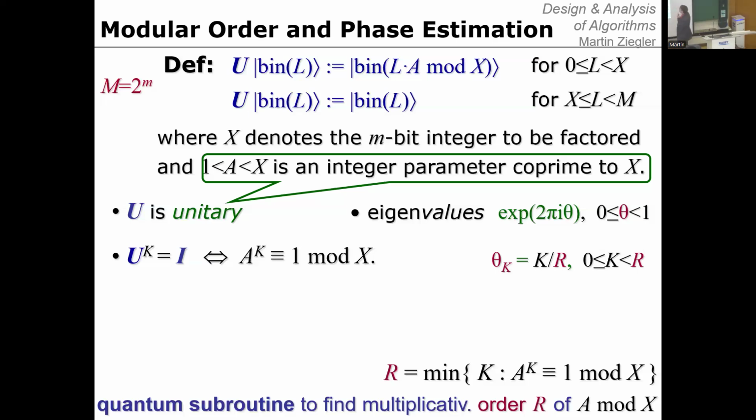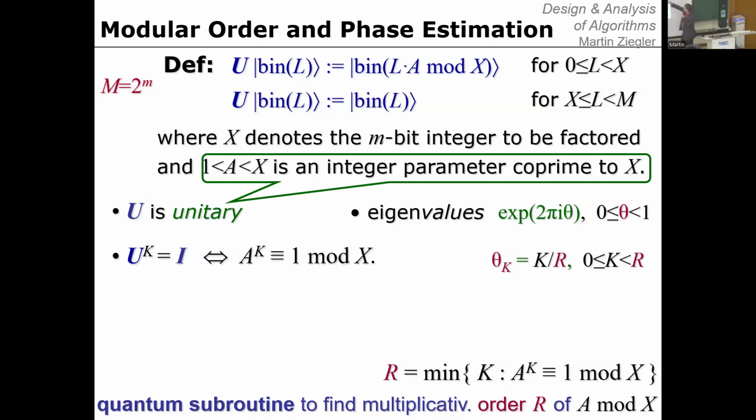And from the previous line, we know that this means that theta must be an integer multiple of 1 over r, the order. And you see how this starts connecting dots. So if we could determine theta, then mathematics tells us theta is an integer multiple of 1 over r.